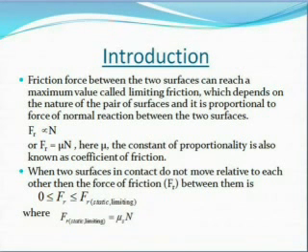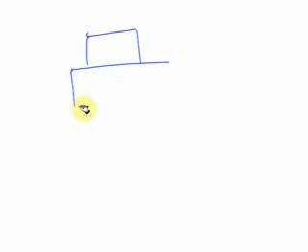So suppose we have two surfaces, let's say block A and block B. So say this is block A and this is block B. Now the value of friction force which is acting on these two blocks will be proportional to the normal force acting on these two blocks.